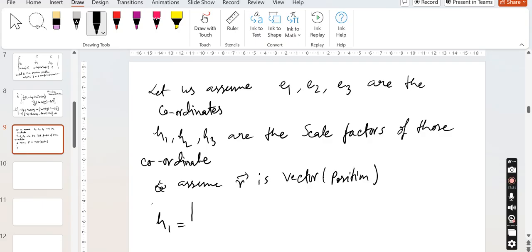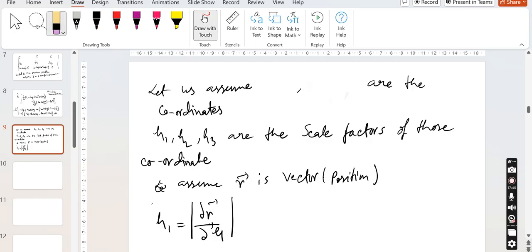Basically, H1 means the magnitude of del R by del E1. Basically U1, U2, and U3 are the coordinate unit vectors.